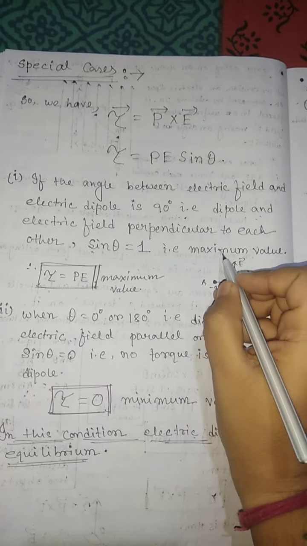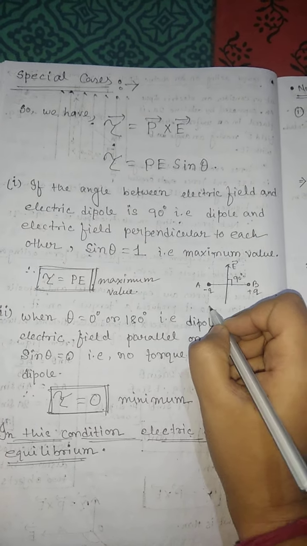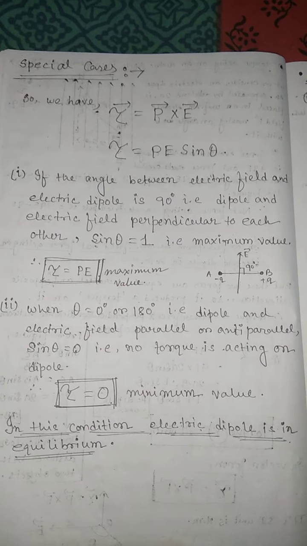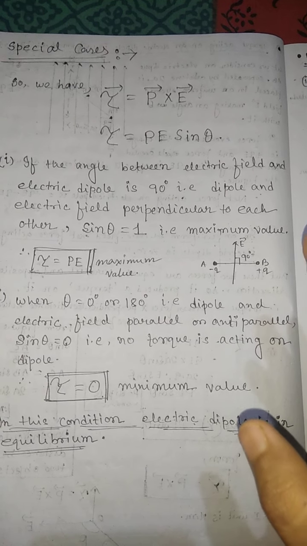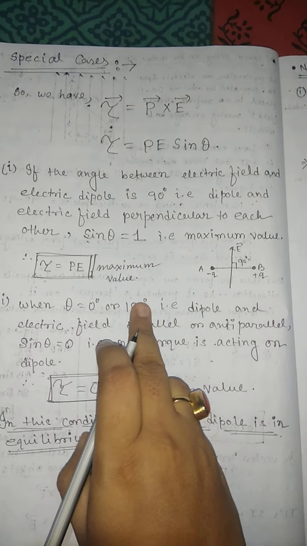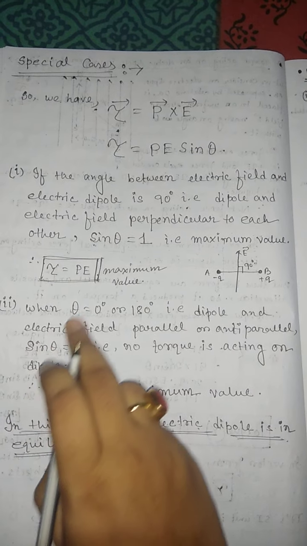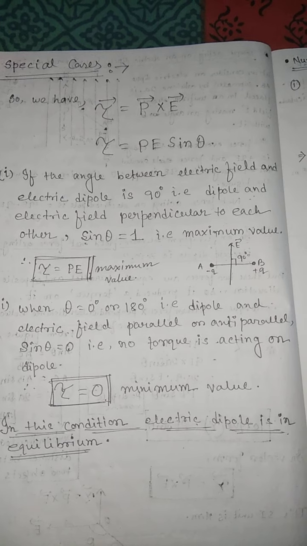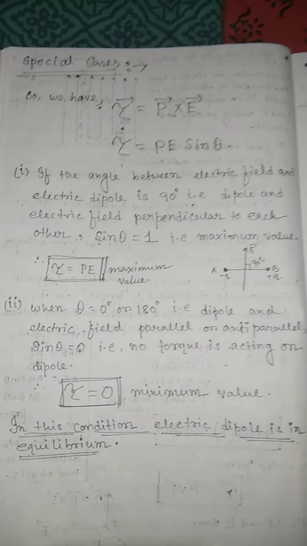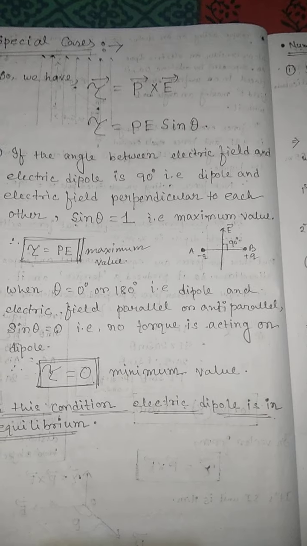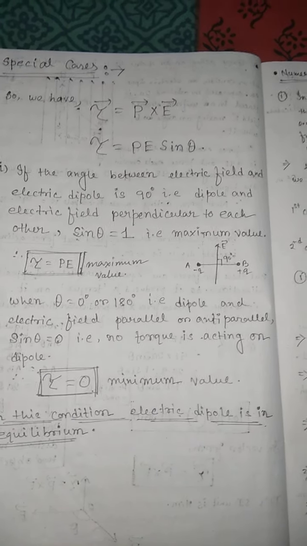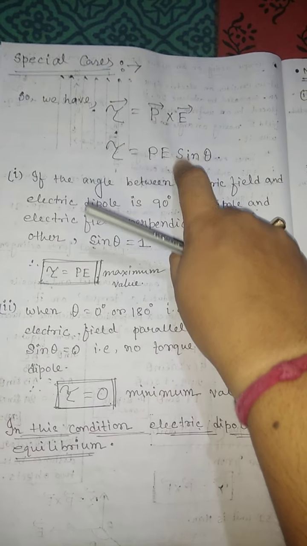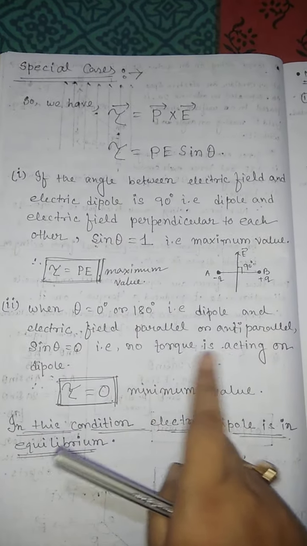So the dipole moment is either parallel or anti-parallel to the electric field. Then sin theta equals 0, because sin 0 and sin 180 are both 0. That means no torque acts on the dipole, so tau equals 0.